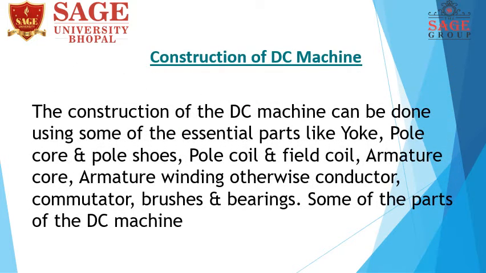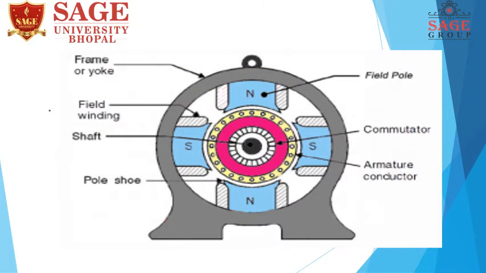The construction of a DC machine has many parts: yoke, pole core, pole shoes, pole coil, field coil, armature core, armature winding and conductor, commutator, brush, bearing, and some other parts. Here is the diagram of the construction of a DC machine.